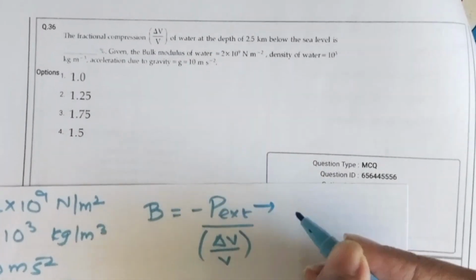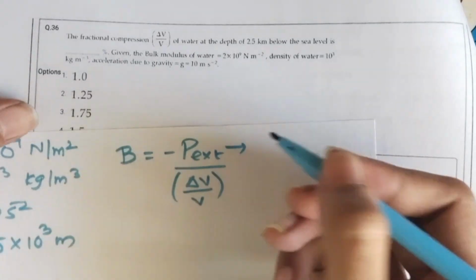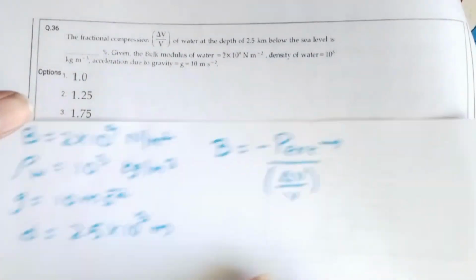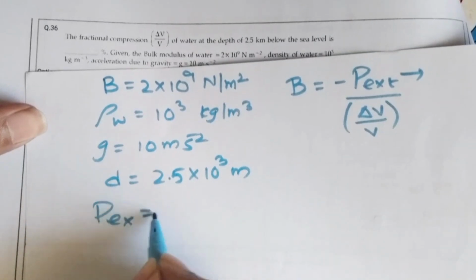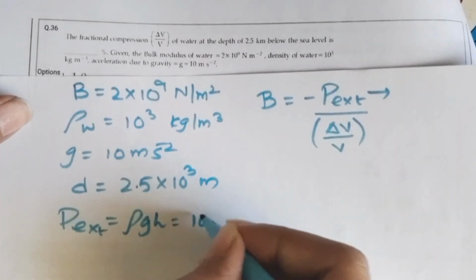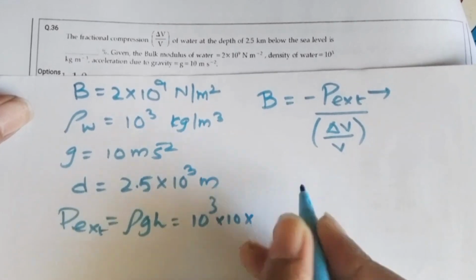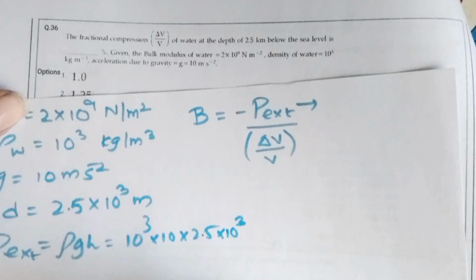So here the P external is the pressure water is exerting below the sea level. So P external we can write as rho g h, that is 10 cube into 10 into 2.5 into 10 cube.